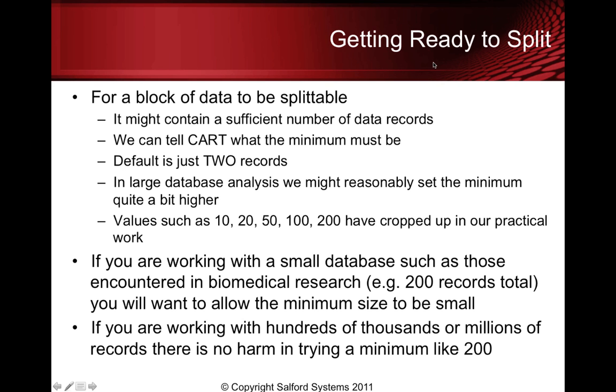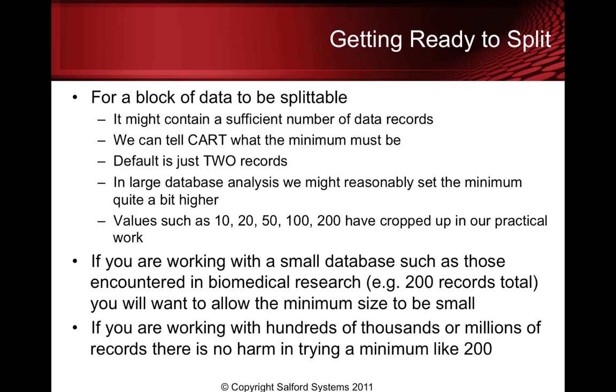Now, there are a few things that have to be the case for our data in order to be able to do any splitting. Remember that we're now looking at the case of a two-value dependent variable, and we're trying to make predictions for it. So for a block of data to be splittable, first of all, it must contain a sufficient number of data records. We get to decide what that number must be.